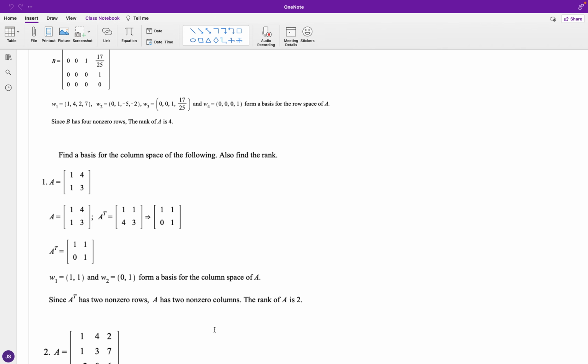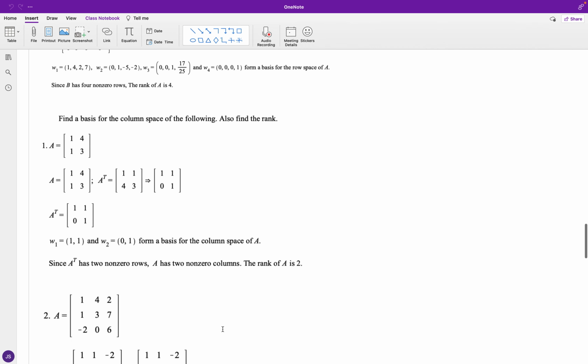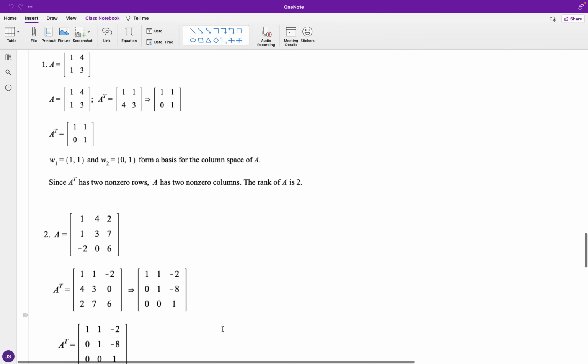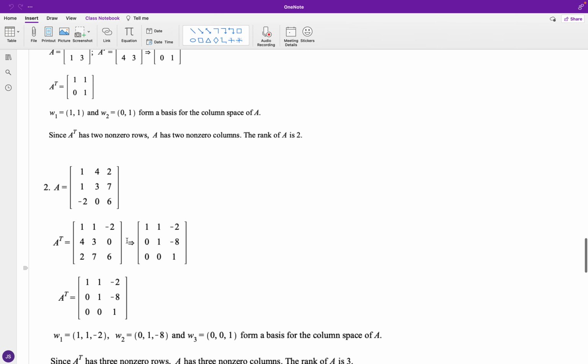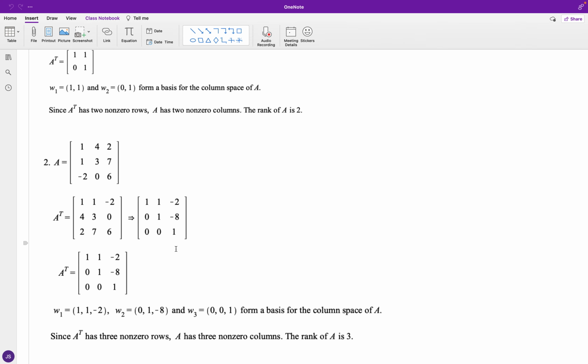It just so happens that since the transpose has two non-zero rows, A itself is going to have two non-zero columns, and the rank of A is going to end up at 2. Going with our second example again, we have the same square 3x3 matrix, and if I take the transpose and display the row echelon form, we have 1, 1, negative 2, 0, 1, negative 8, 0, 0, 1.